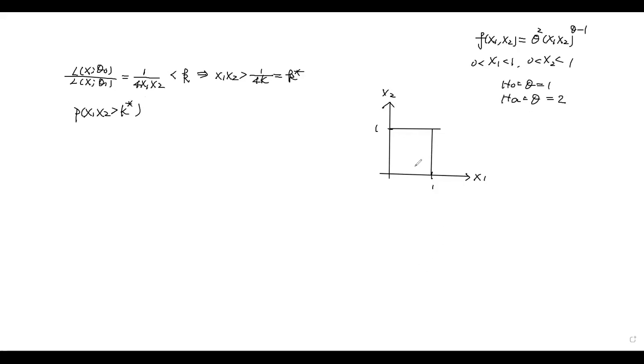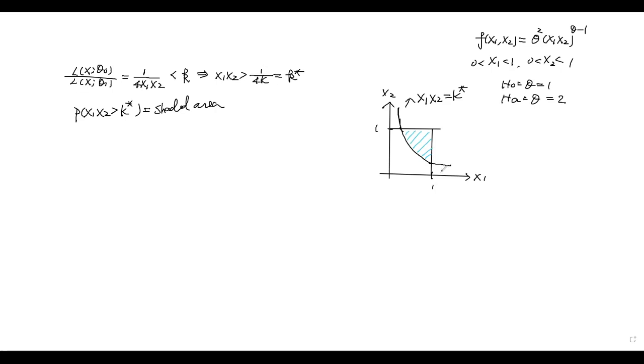If you look at these domains, this curve is x1 times x2 equal to k star. This probability is really the shaded area, and this is the shaded area I want to find.